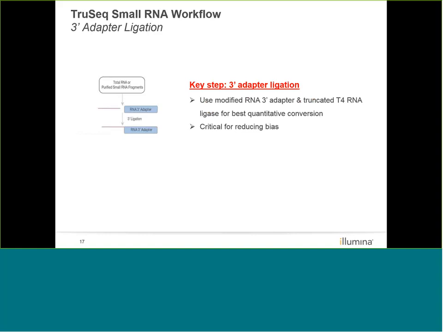We use this method to capture and retain everything, to not introduce any bias in terms of relative abundance of the different small RNA species. So this is the key step in the protocol. Definitely make sure you follow the protocol exactly, because otherwise there might be a problem downstream.